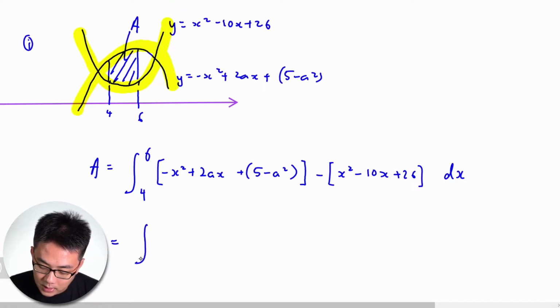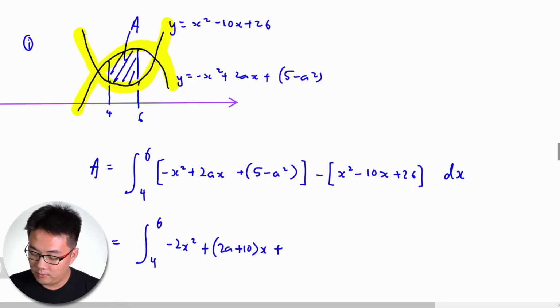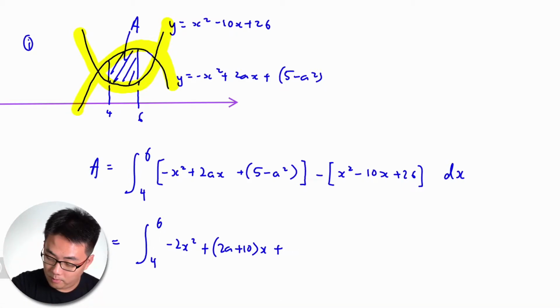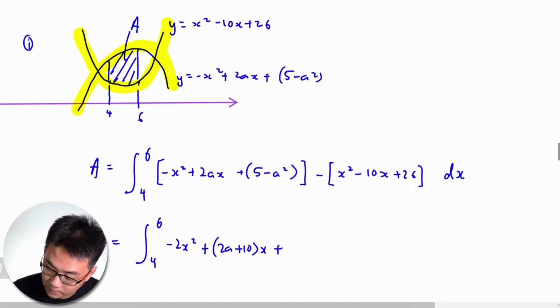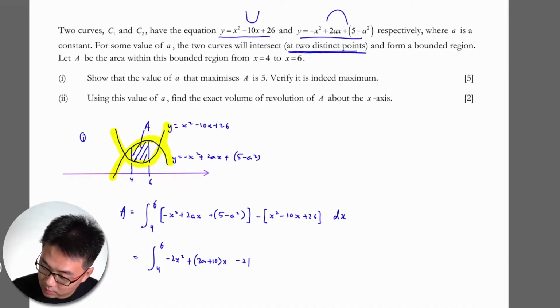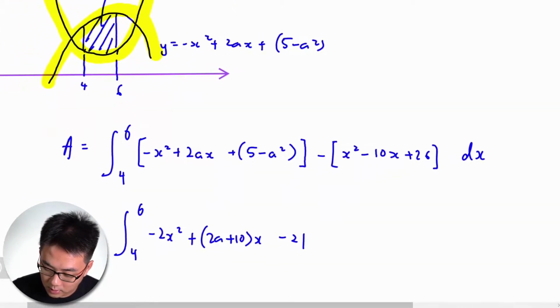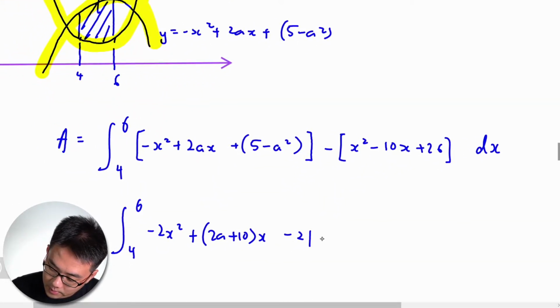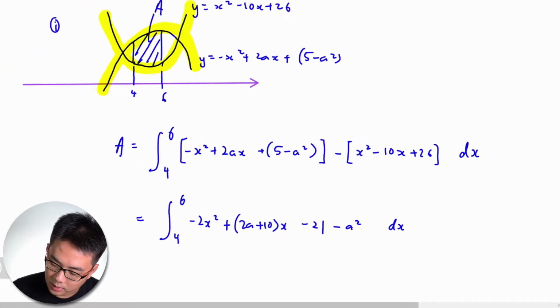So this is the integral from 4 to 6 of minus 2x squared plus (2a plus 10)x plus 5 minus 26, which is minus 21, minus a squared. So this is it.